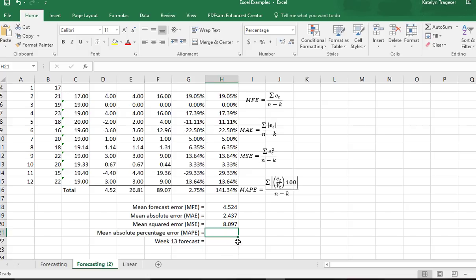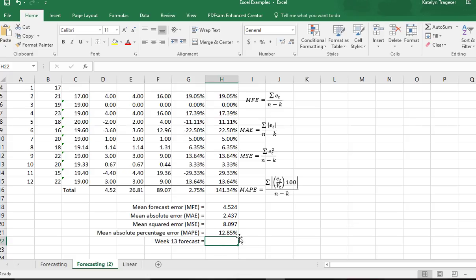And finally, mean absolute percentage error equals the sum of our percentage error divided by, once again, n minus k, 12 minus 1. 12.85%. Remember, mean absolute percentage error should in fact be a percent.